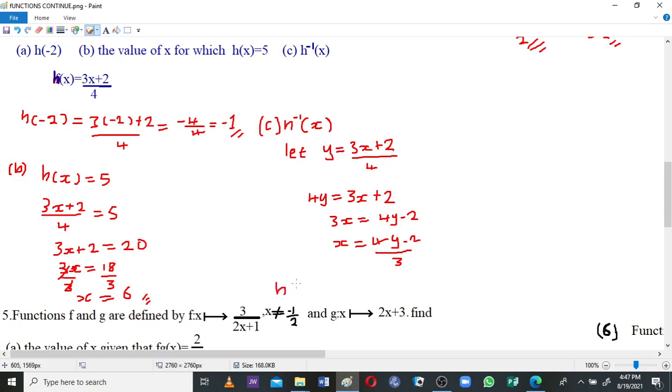So the inverse function of h of x is equal to, we substitute y in the 4y by x, we get 4x minus 2 over 3. So this is the inverse function of h of x. Okay, so thank you.